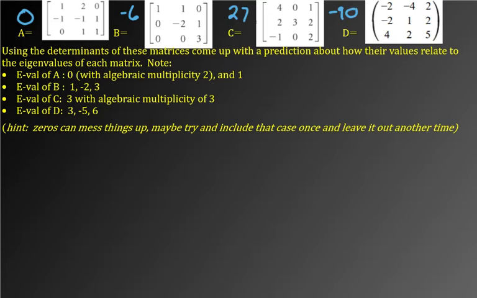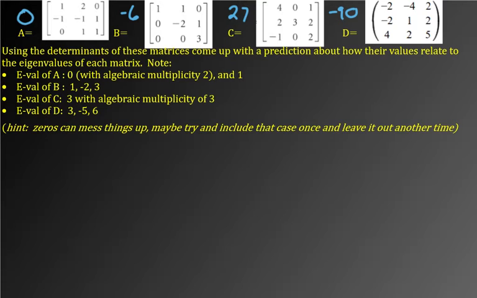And just to speed things up, down here, you could use your calculator to do eigenval of all these. The eigenvalues of A are 0. Eigenvalues of B are 1, negative 2, and 3. For C, it's 3, but it has algebraic multiplicity 3. And for the last one, it's 3, negative 5, and 6.